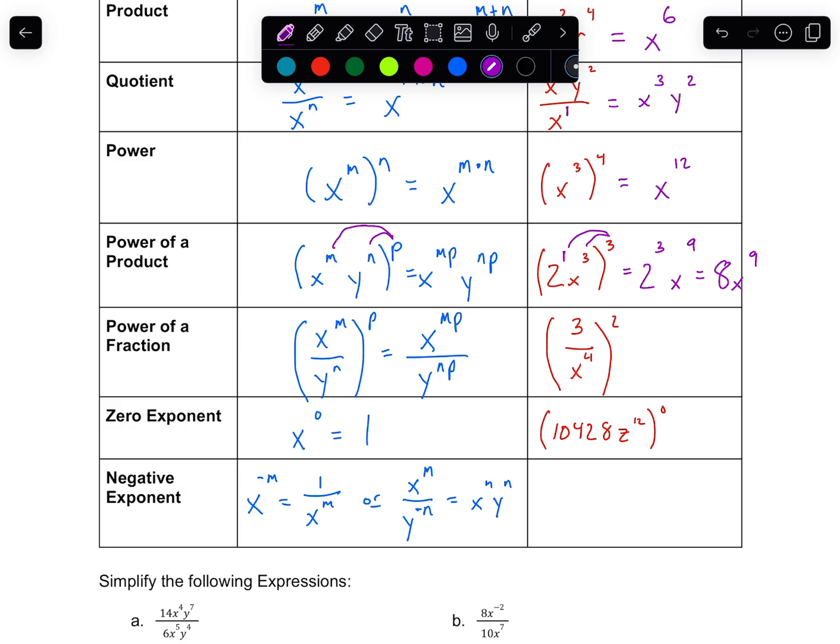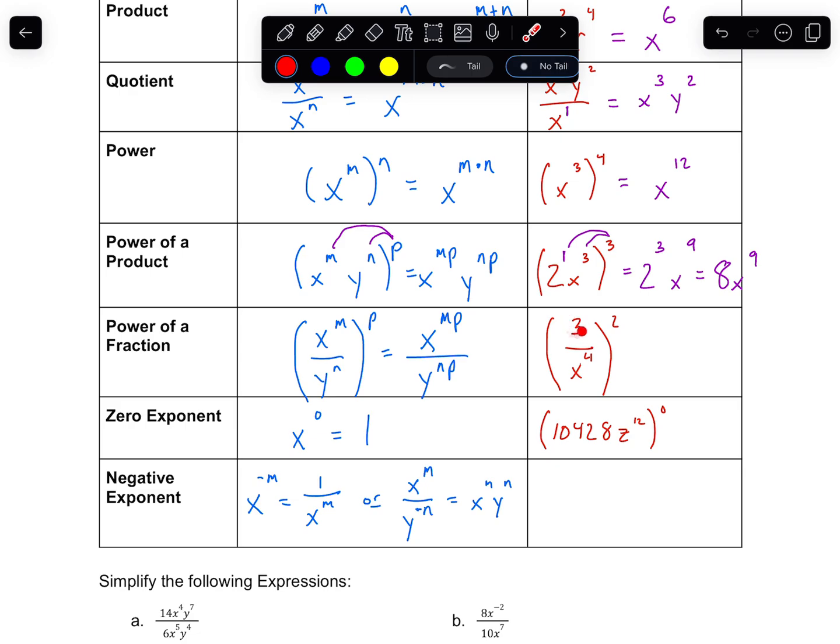Okay, likewise, when we have a power of a fraction, if we can simplify what's inside the parentheses, we want to do that first. Here we can't do that, so I'm going to again distribute this exponent to all of the exponents both in the numerator and the denominator. So that p gets multiplied by the exponent of x as well as the exponent of y.